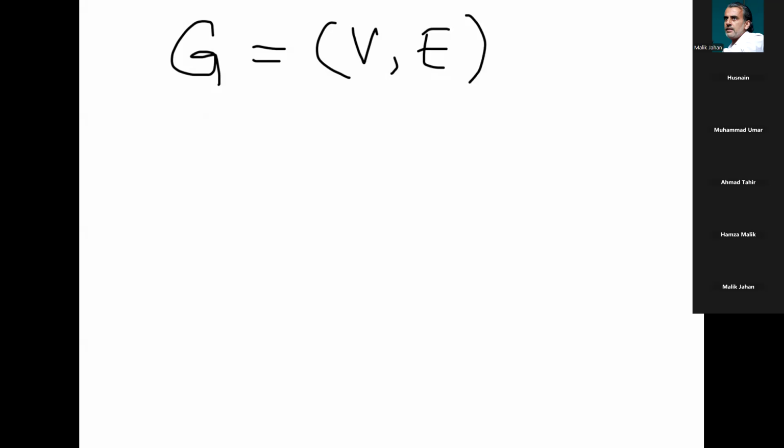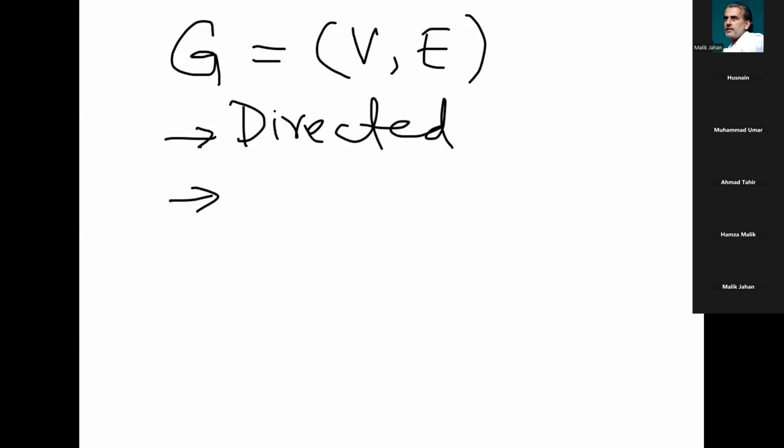So let's start with the fundamental definition of graphs. A graph is a discrete structure which is composed of two components. One is a set of vertices, the other is a set of edges. We talked about two types of graphs. They may be directed ones, or we can have undirected graphs.